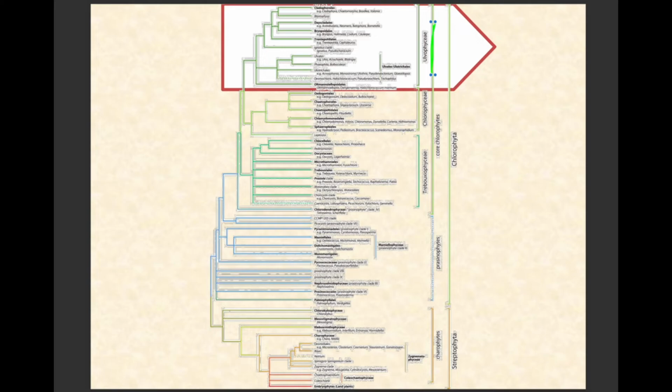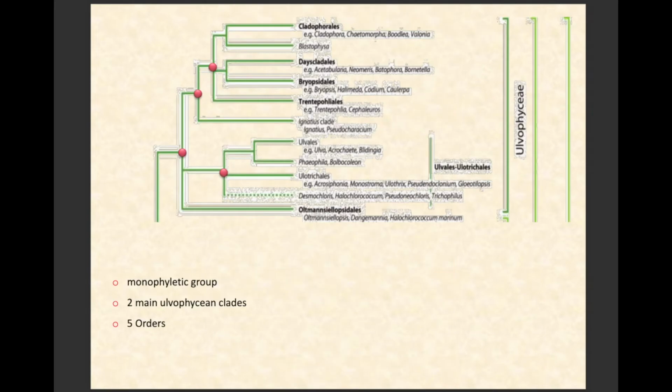That's your Ulvophyceae. Tingnan natin yung enlargement of that phylogeny. Your Ulvophyceae, ayan sila. This is a very monophyletic grouping. So, si Ulvophyceae ay proven na monophyletic group. And usually, meron kang dalawang main Ulvophyceae clades na nandito. We have your Ulvales, Ulotrichales.